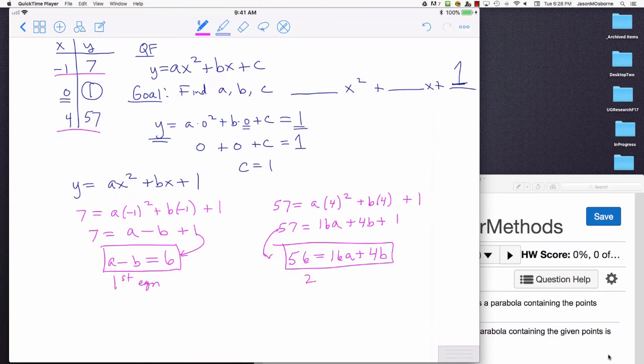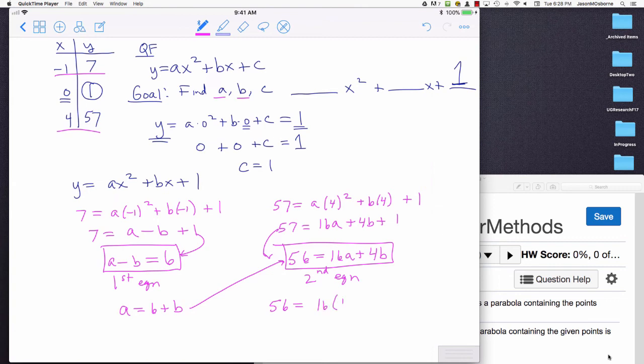If you have two equations and two unknowns, the unknowns being a and b, then you can solve this system of equations. So a will be 6 plus b. That's what the first equation says. I'm going to substitute that into the other one using the substitution method.